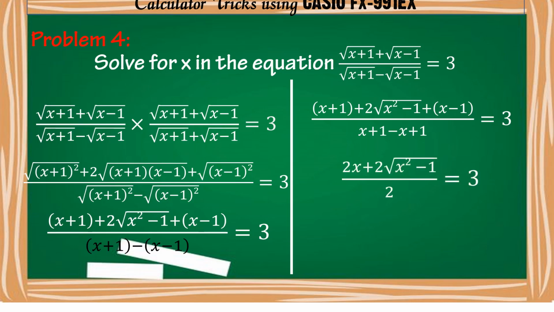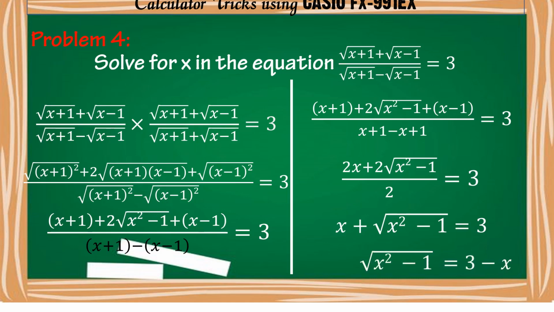Now, 2x plus 2 can be divided by 2, so makakancel po yan. Ang matitira na lang po ay x plus the square root of x squared minus 1 equals 3. And then we transpose positive x to the right side, that will give you this equation.